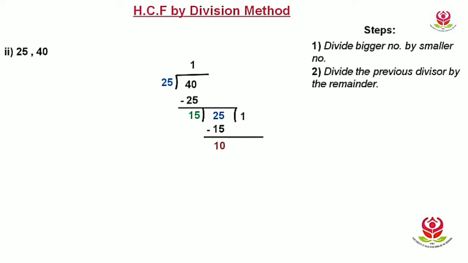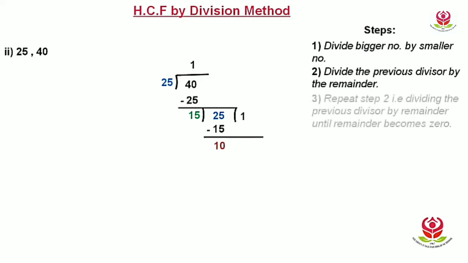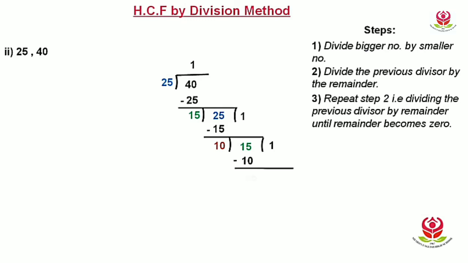Okay, now we have to repeat step 2, that is dividing the previous divisor by the remainder until we get the remainder 0. So now we have to divide the previous divisor, that is 15, by 10. So if you see, still we are getting the remainder of 5.